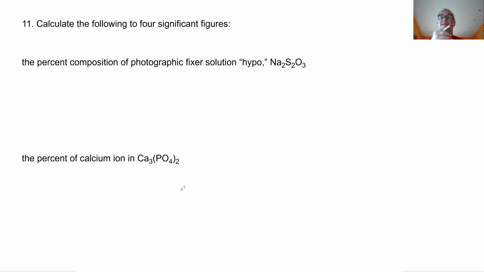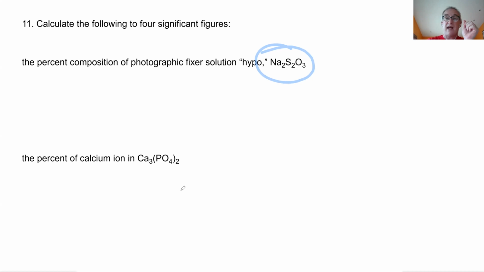No. See, that's the difference. It's by mass. So basically, if we had 1,000 grams of this, I would buy it from Kodak or wherever. Actually, you'd buy it by the liter, or I think you might buy it by the kilogram. So I had 1,000 grams of this stuff.